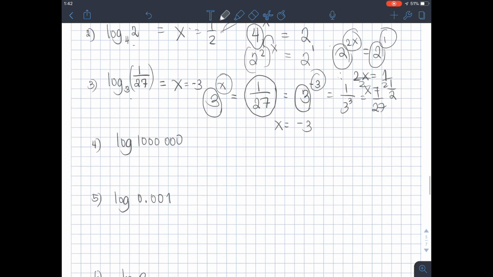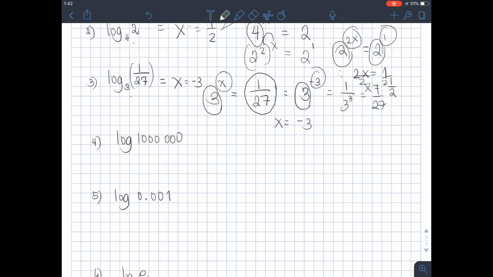Okay? Next, we have log of 1 million. So, apply natin dito yung common logarithm kasi wala tayong nakalagay na base dito. Automatic 10 yan. So, equate muna natin ito sa x and then transform into exponential form. We have 10 as a base raised to x, yung exponent, equal dun sa power na 1 million.